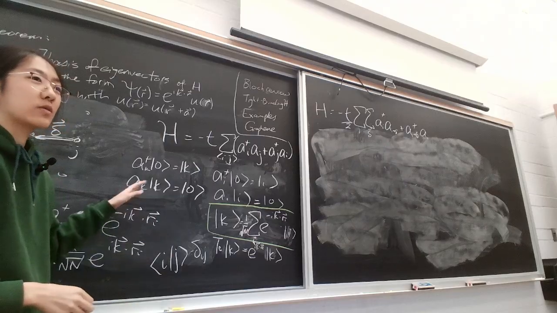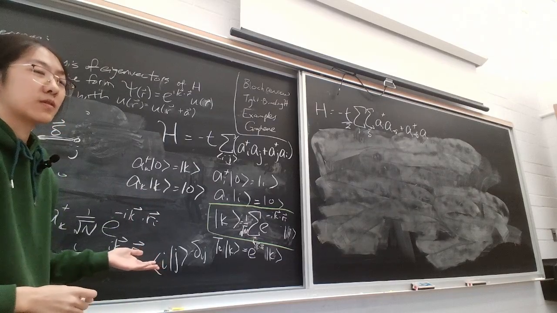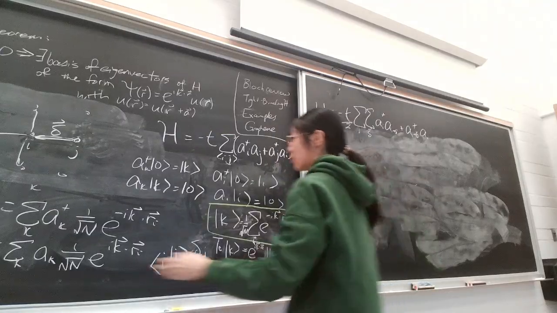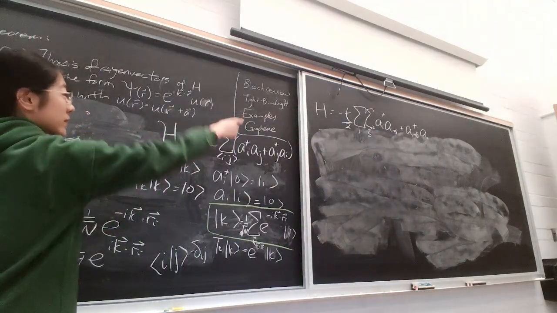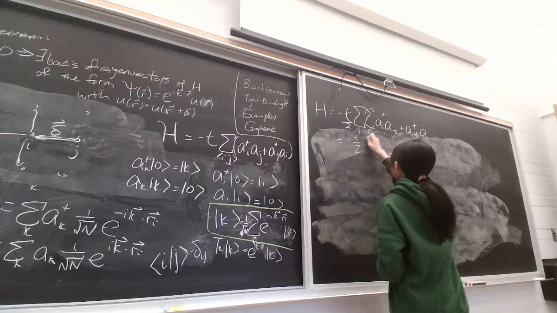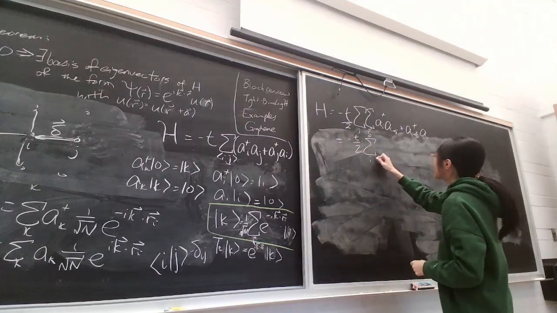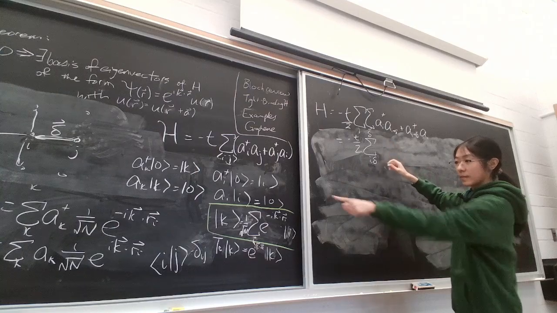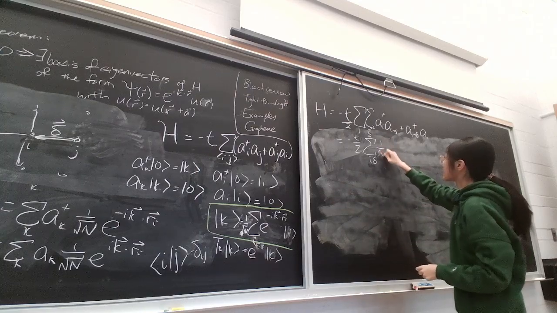Because essentially right now, this is the model for a single electron. Right. So then from here, we can plug what we just found into that. There's 2 times 1 over n.